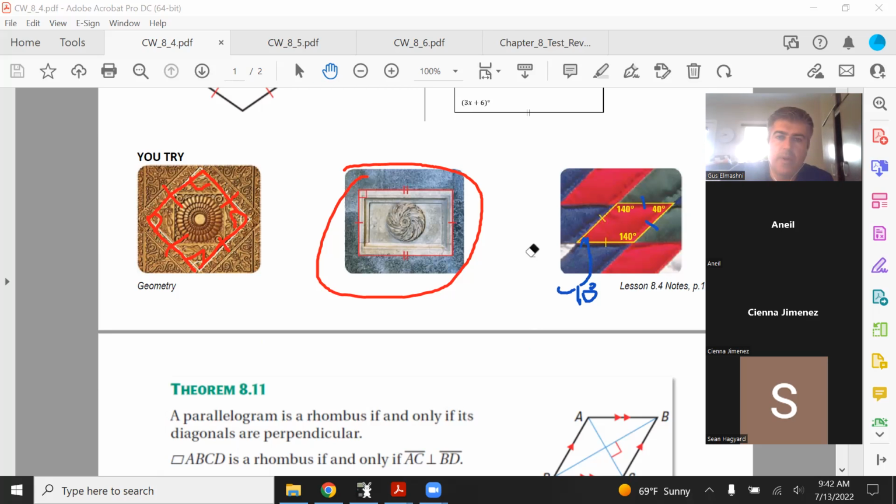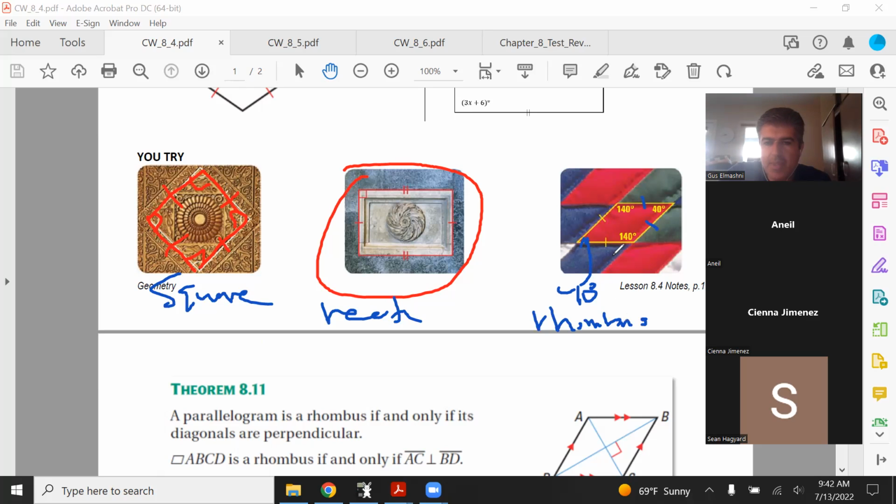Well, if all four sides and four angles are the same, yep, square, rectangle, rhombus. Got it. Good work, Anil. Good work, Nina. Yep. Square, rectangle, rhombus. Perfect. That's square. That's rectangle. And that's rhombus. And the reason we could say that's a rhombus, well, that's 40 degrees.